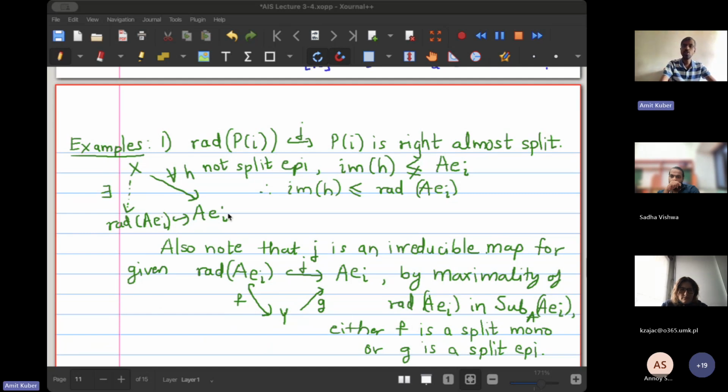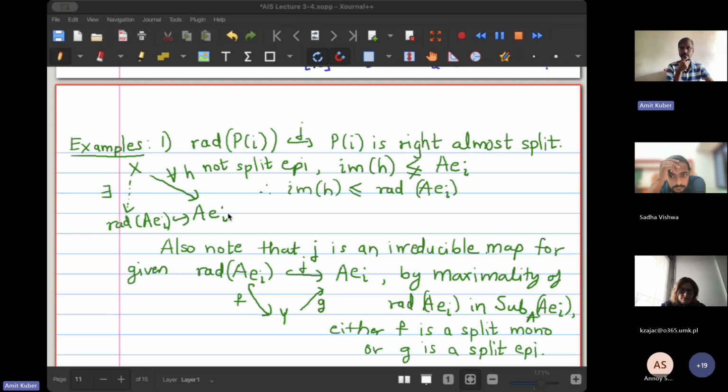So because it is not a split epimorphism, it is not even a surjection. Can you tell me why? Not split epi implies it's not an epimorphism itself. Well, I'm feeding too much information.